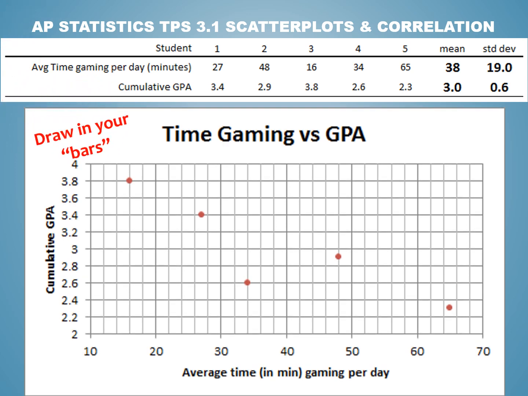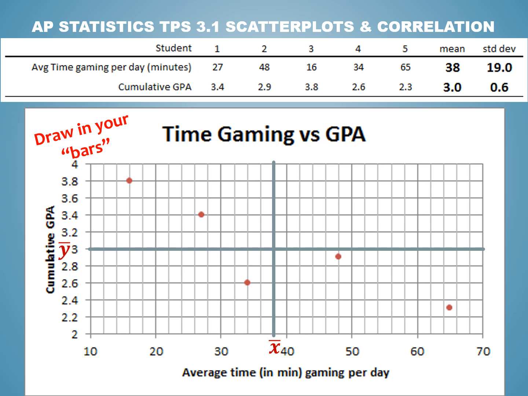All right, so let's draw in our bars. So that means our X bar and our Y bar, the mean of the X values and the mean of the Y values. So our X bar is 38. So we'll draw in a vertical line right there at 38, where our X bar is, and the same thing, a horizontal line where our Y bar is at 3.